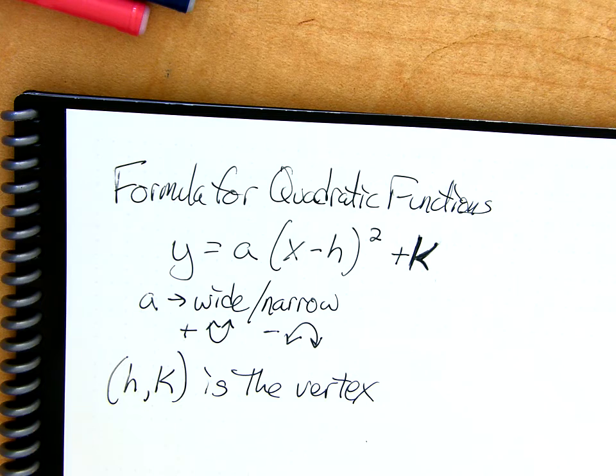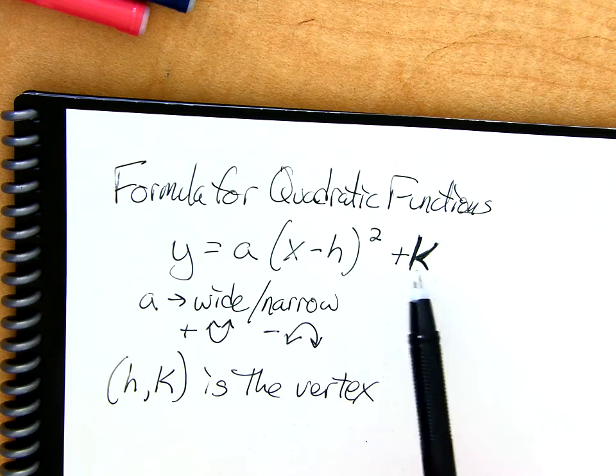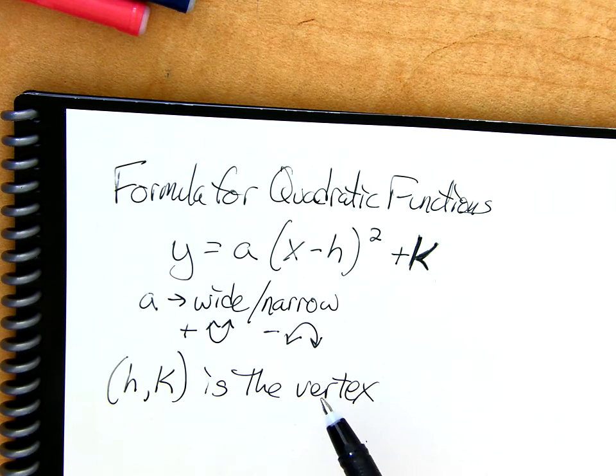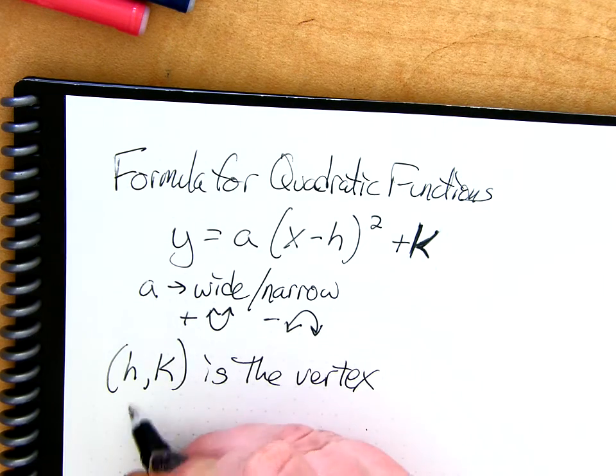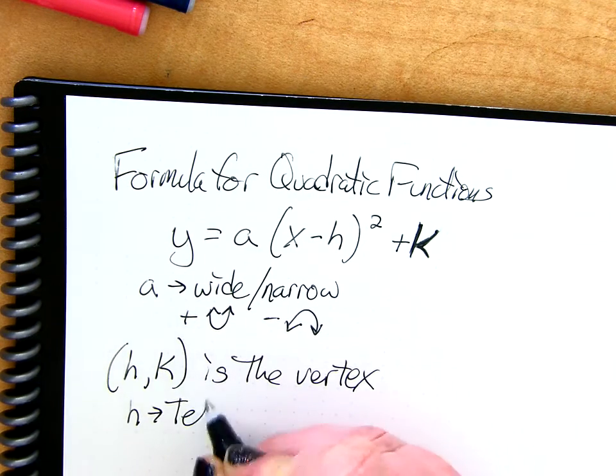So we haven't done vertex form on an absolute value, for example. But it all works the same way. So whatever H is, comma K, will always be my vertex. Whether I'm doing a quadratic, absolute value, square root, doesn't matter. Okay? So HK is the vertex.